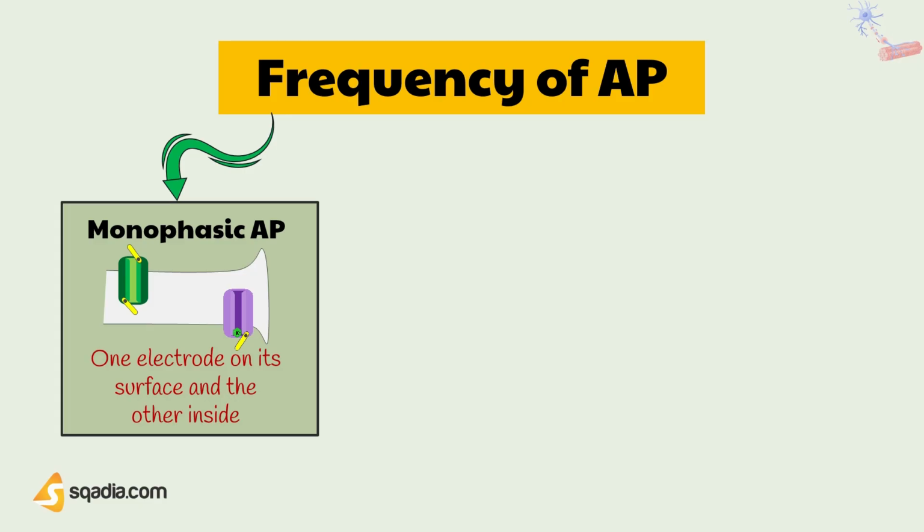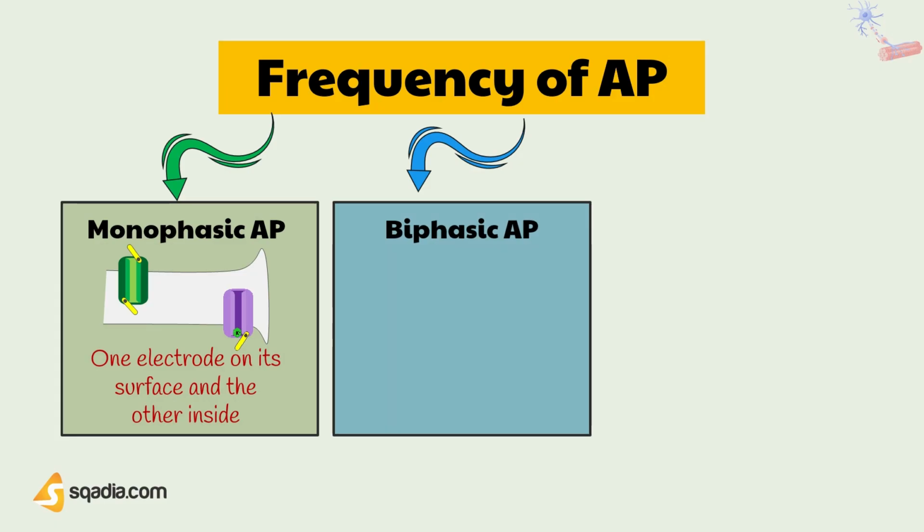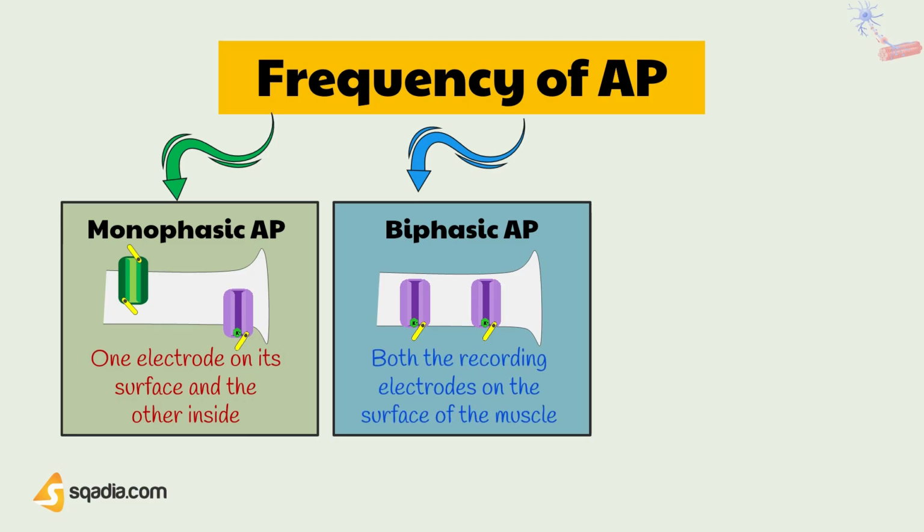So what happens in the biphasic action potential? In this, both the recording electrodes are on the surface of the muscle. That means they are outside the cell. This helps measure multiple action potentials. So that's why it is known as biphasic action potential.